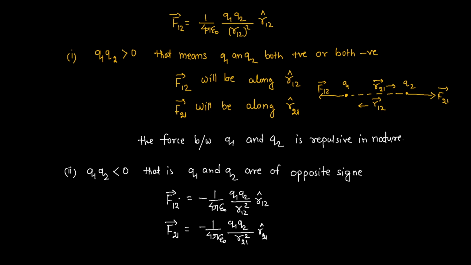So now the direction of F12 is opposite to the direction of R12, and the direction of F21 is opposite to the direction of R21.